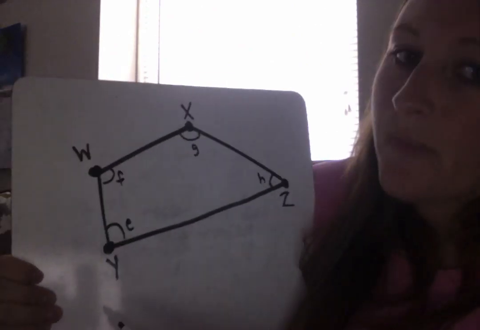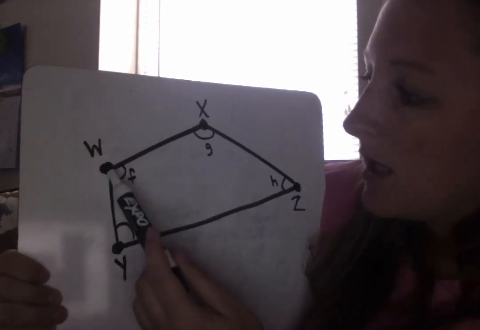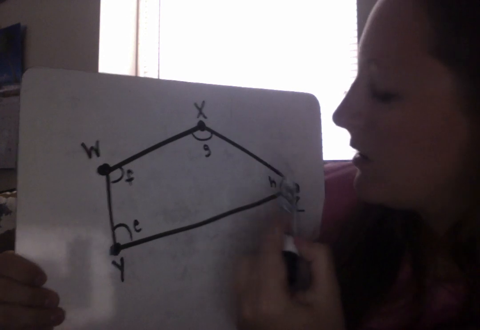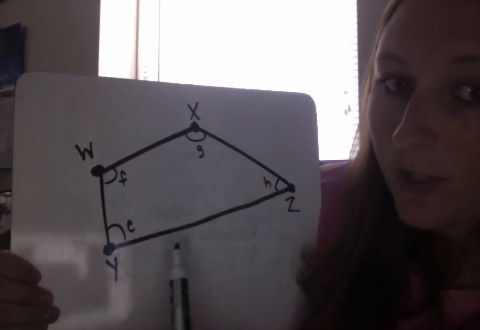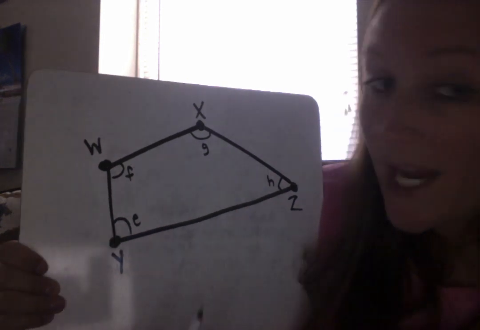So this shape has 4 different angles. Has this angle, this angle, this angle, and this angle. We have W, X, Y, Z, and for our little letters we have E, F, G, H.